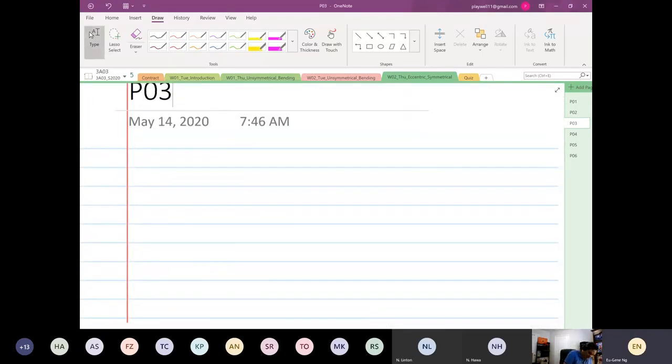We want to find the position of the neutral axis, where stress X is equal to 0. As I mentioned earlier, this is eccentric loading, so the centroid is not equal to the neutral axis.